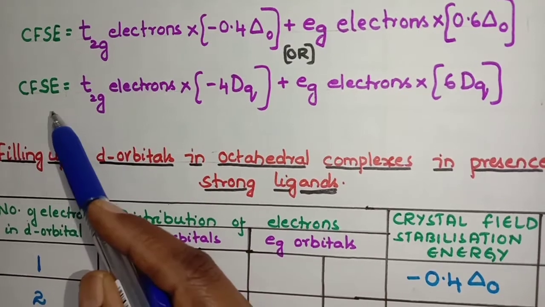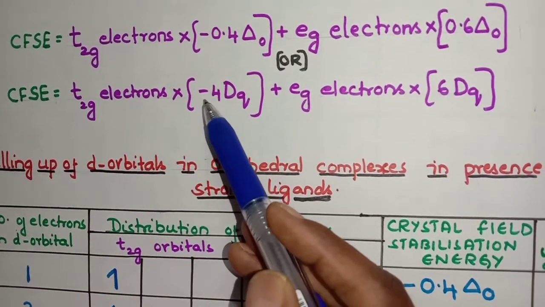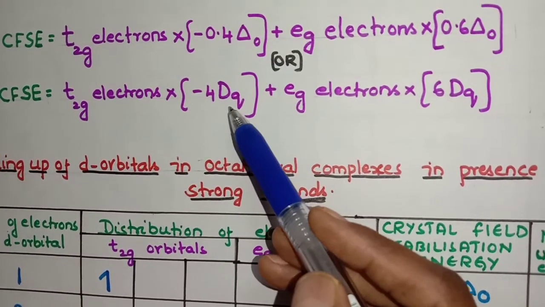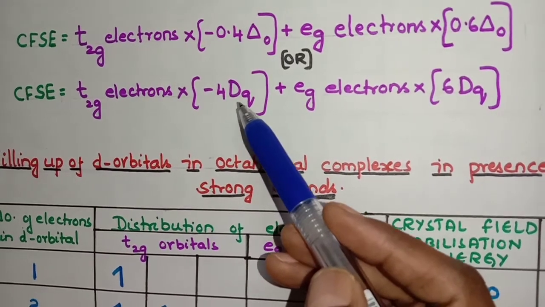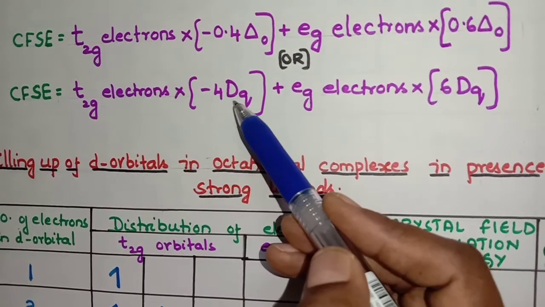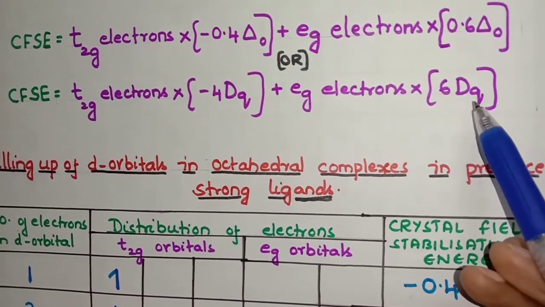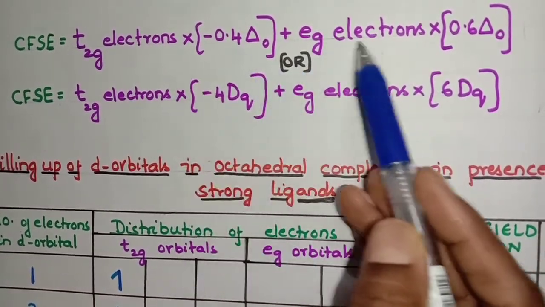That is CFSE is equal to T2G electrons into minus 4 dq, where 1 delta O is equal to 10 dq units. You can find it in many of the textbooks. So 0.4 into 10 is 4, so minus 4 dq plus EG electrons into 6 dq. But most frequently we use this formula.